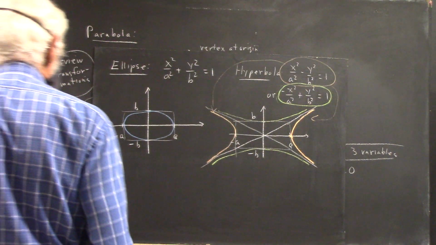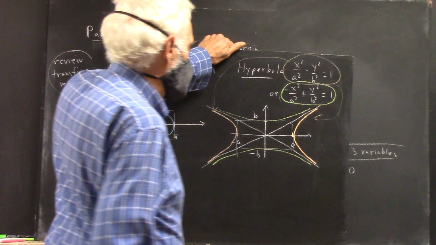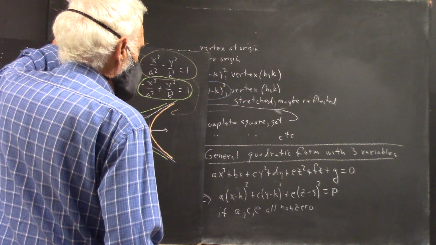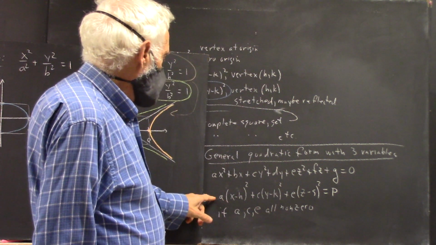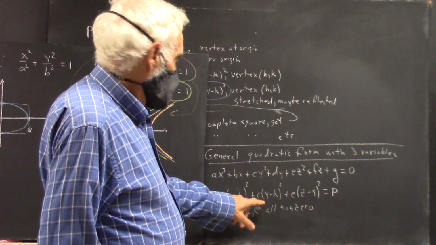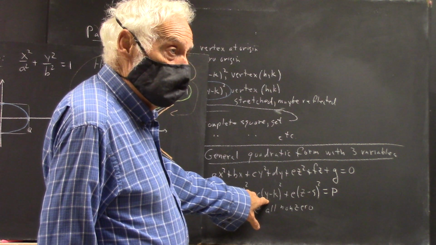Okay, well, let's now consider what happens if you have an equation where the general equation is of this form. So we can see that, for example, if A is positive and C is negative, then as far as x and y are concerned, you have a hyperbola.